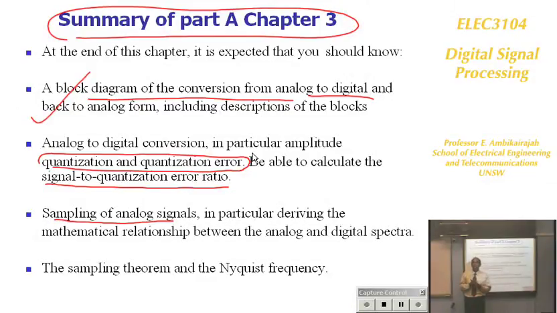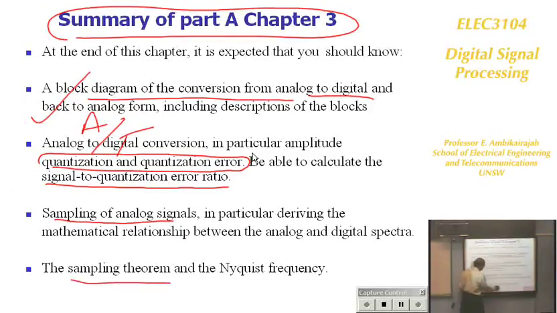You should be able to derive that equation and show that it's a repetition. Not only that, if the analog has an amplitude of A, on the digital spectrum it will be reduced to A divided by T, the sampling period. A lot of people normally miss that, and you must look for it.